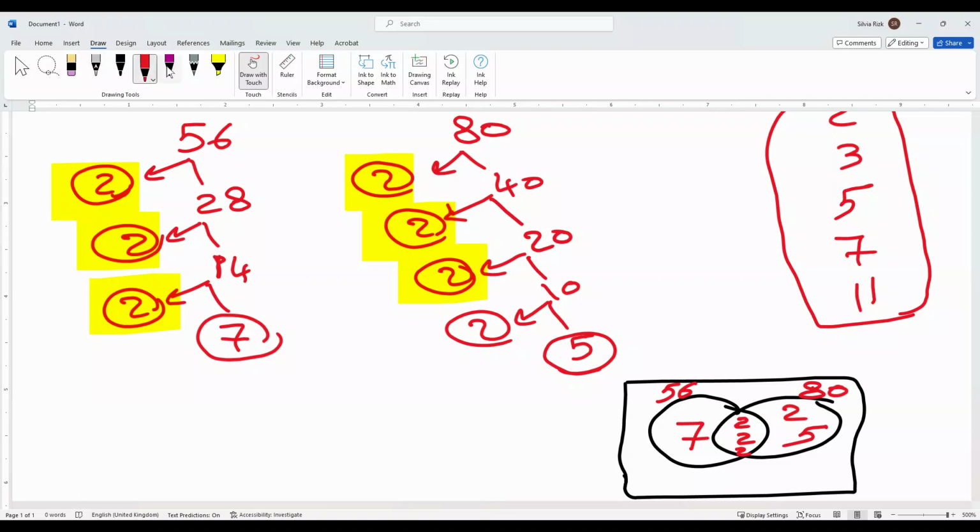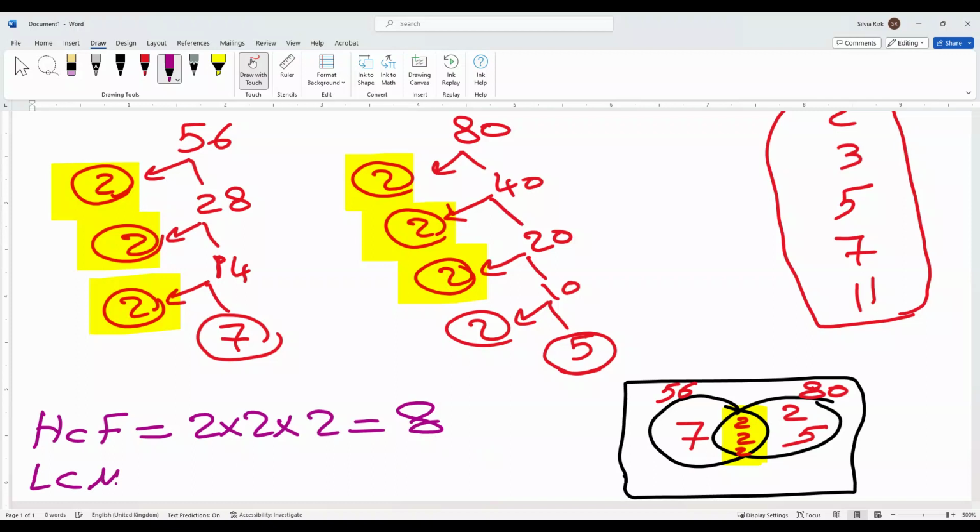Now, if I want the highest common factor, it's there. So let me write it. The highest common factor between both will be 2 times 2 times 2, which is 8. We found that before. The lowest common multiple equals, I will multiply all of the numbers together.